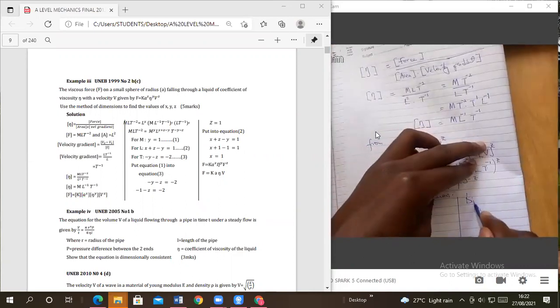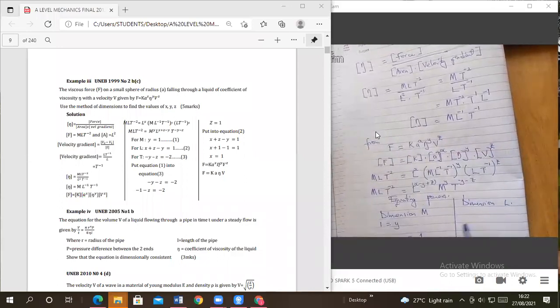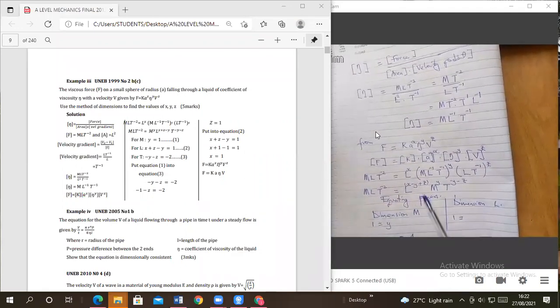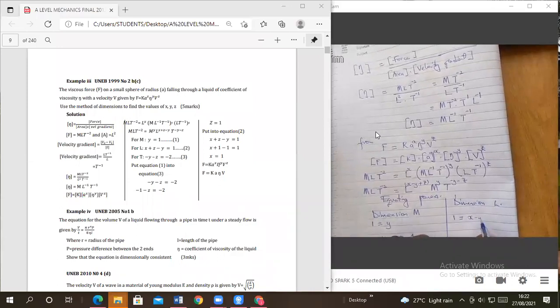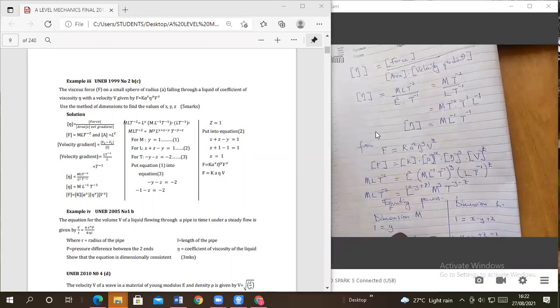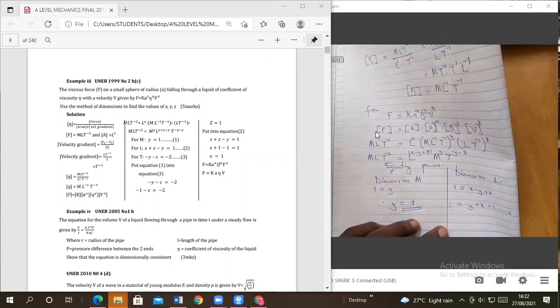Dimension of L. When you look at L, on the left we have to the power 1. 1 equals to what on the right-hand side? We have X minus Y plus Z. So therefore we shall have X minus Y plus Z equals to 1. This one is our equation number 1. We write it like this, okay?